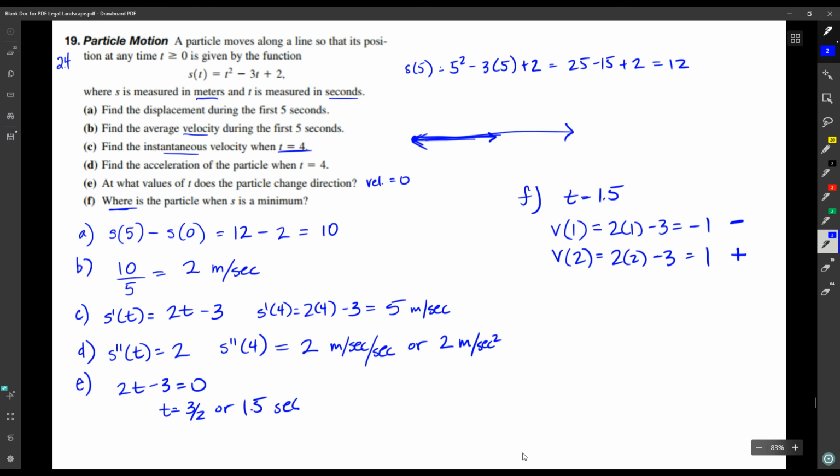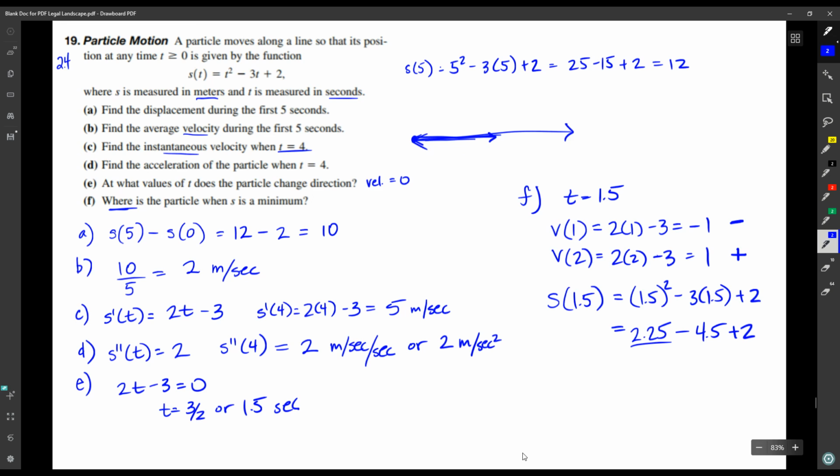So question F is: where is the particle? Well, we know when this happens. It's at second 1.5. Where is it? Let's go back to the position function. S of 1.5 is going to be 1.5 squared minus 3 times 1.5 plus 2. So 1.5 squared is 2.25, minus 3 times 1.5, that's 4.5, plus 2.